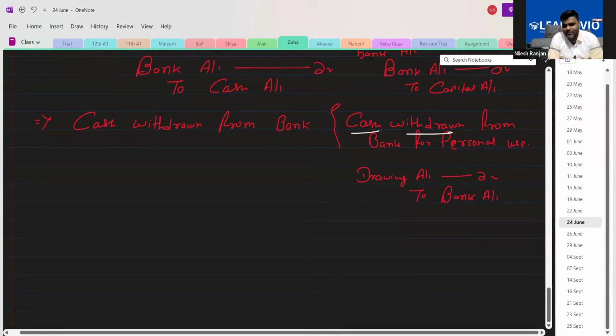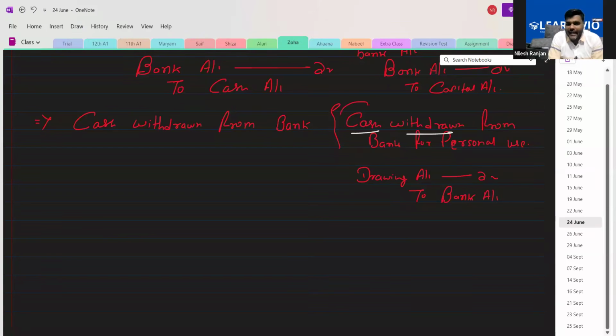Sorry for the confusion. Cash withdrawn from bank, but the use is personal, so the personal use in the journal entry is the drawing, and we're getting it from the bank. So drawing account debit to bank.